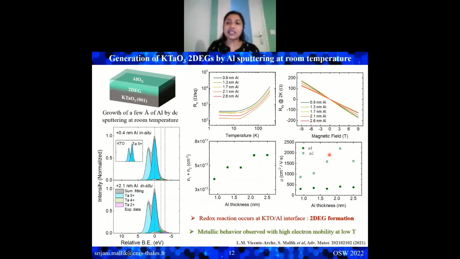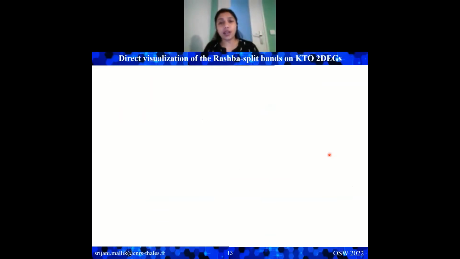Now, because I said this is a new system, we don't know much about it. So we wanted to know more about the band structure of this system. So we performed the angle resolved photoelectron spectroscopy, that's ARPES. To do so, we grew 1 or 2 angstrom of aluminium by MBE on KTO, because this MBE chamber was in situ connected with the ARPES chamber.